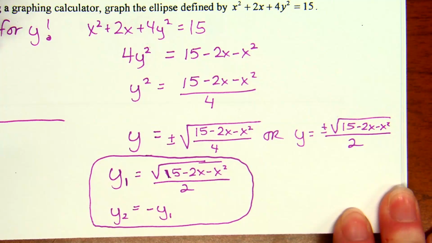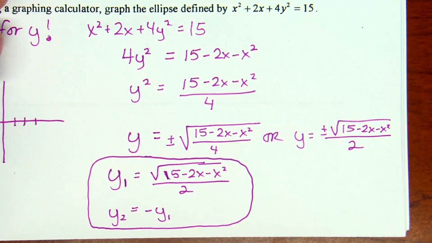Okay, it looks like it has an x-intercept of 3, and maybe negative 5, and y-intercepts of approximately 2 and negative 2. Something like that.